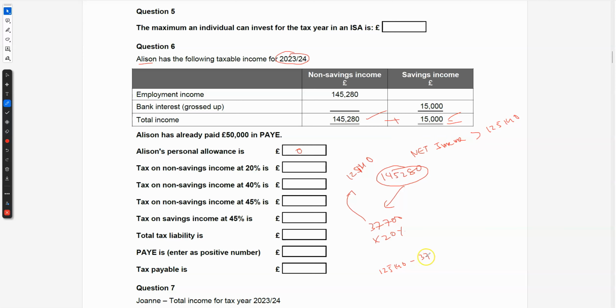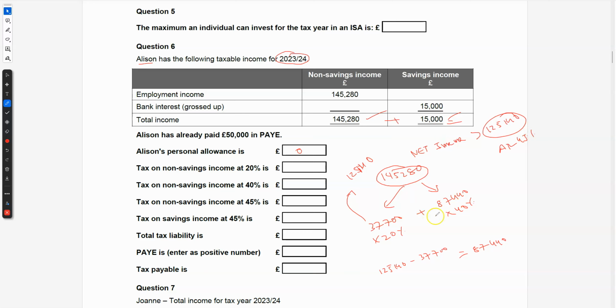So let's find it out. 125,140 minus 37,700, and this difference is 87,440. On this amount we will pay higher rate tax, that is 40%. And if we have income more than 125,140, then we need to pay the additional rate tax, that is 45%.